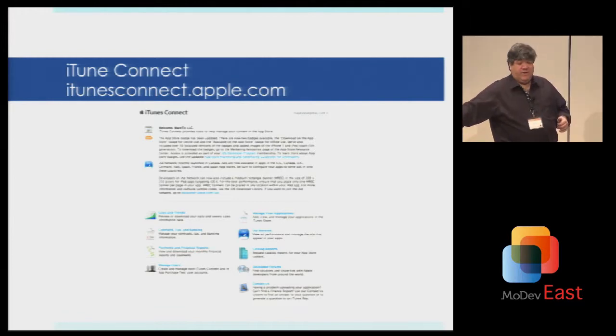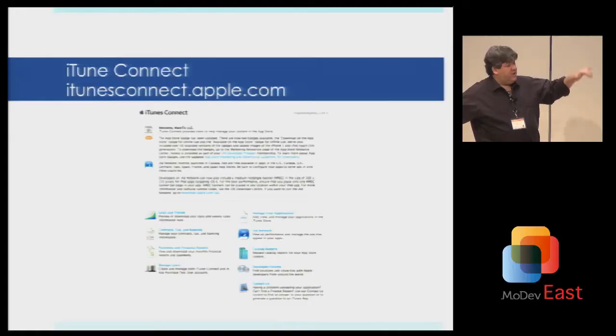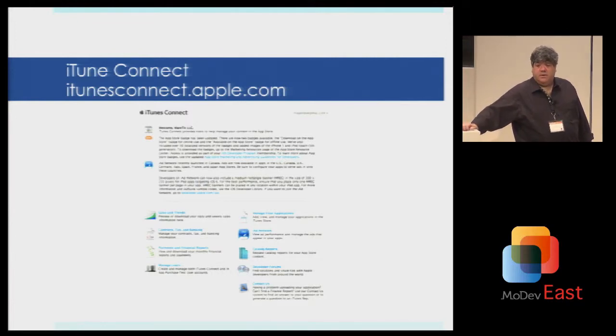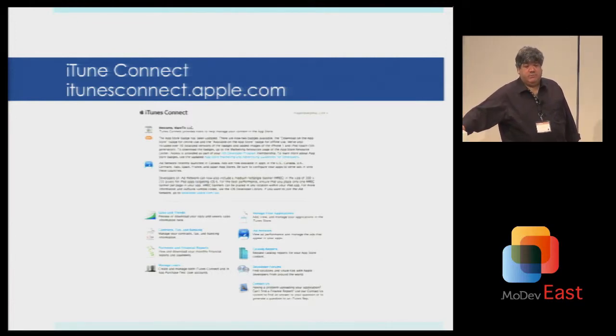This is the spot where you have to have your administrator sign up for your company and say, yes, I'll follow these rules. This is the place where you upload your application. This is the place where you edit the metadata. This is the place where you set up your Game Center or your iCloud. So this area here is one of the two that will drive you crazy. Every application that gets shipped out there has metadata that you have to get just right for it to get shipped.